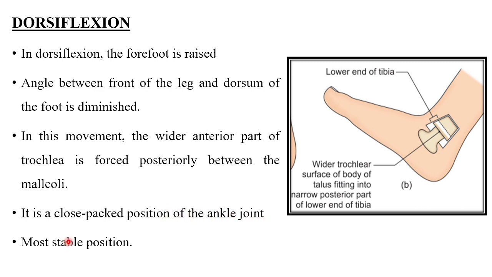The ankle joint is the most stable in dorsiflexion, and the range of motion is 20 degrees. Dorsiflexion is controlled by your L4 and L5 spinal segments. So this is the dorsiflexion movement, the most stable position of your ankle joint.